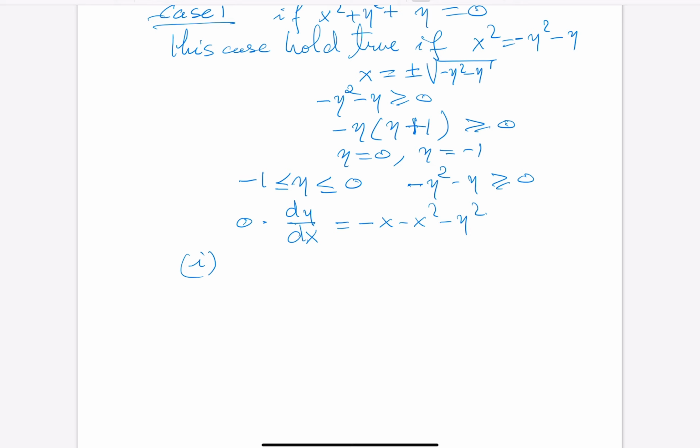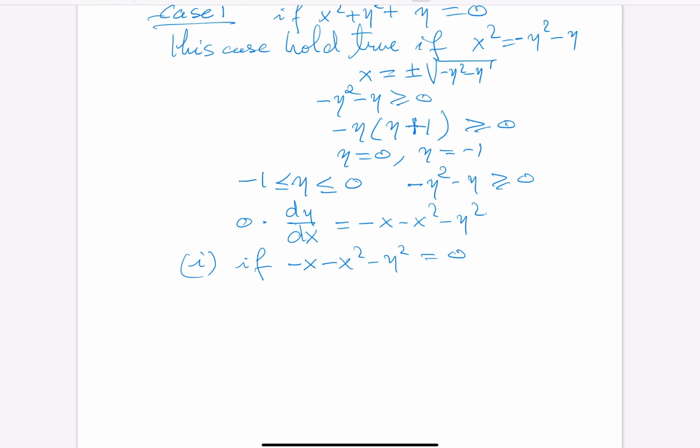Let's put it in other cases. Let's call it I. If this one is negative and minus x squared minus y squared is equal to 0, so what do we get?